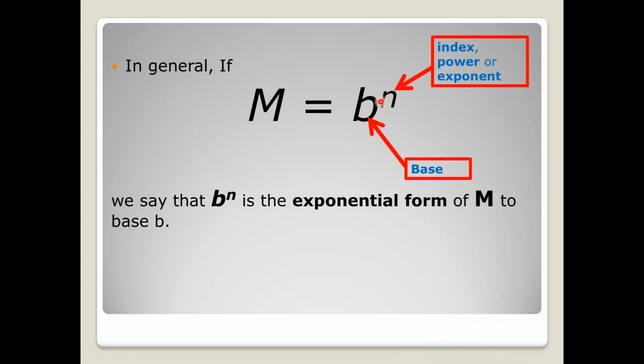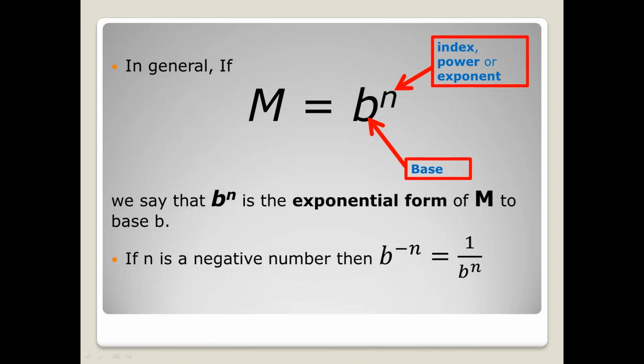So there are 3 names for this n. Either we call it the index, or the power, or the exponent. So again, b here is the base, n is index, or power, or exponent. And b to the power of n, or b to index n, is the exponential form of m.